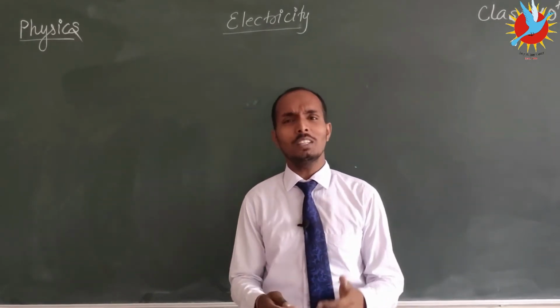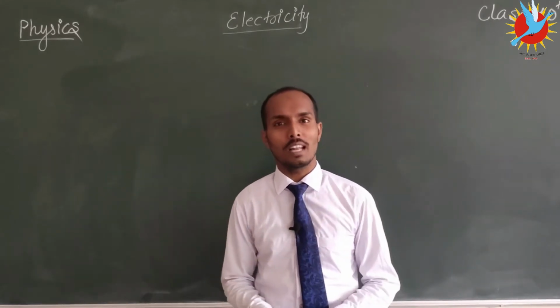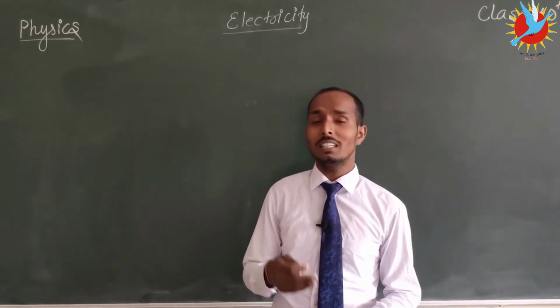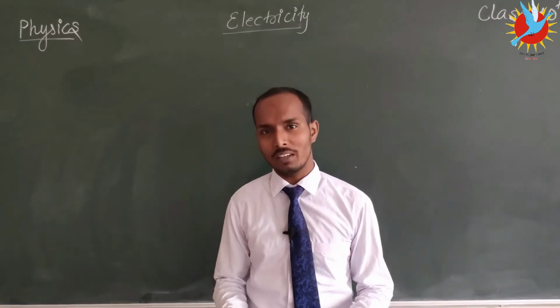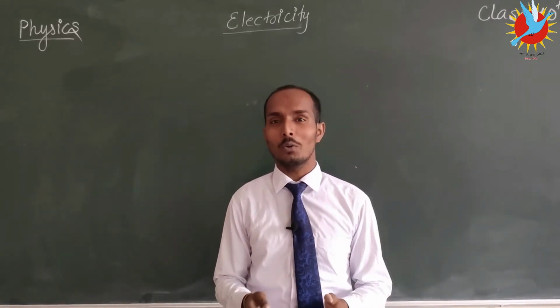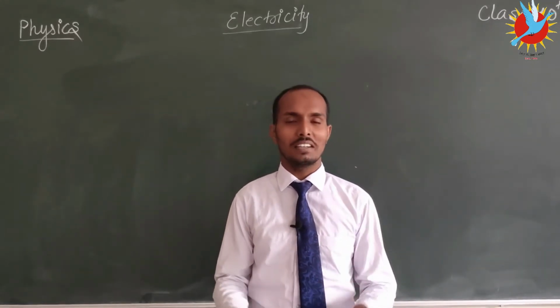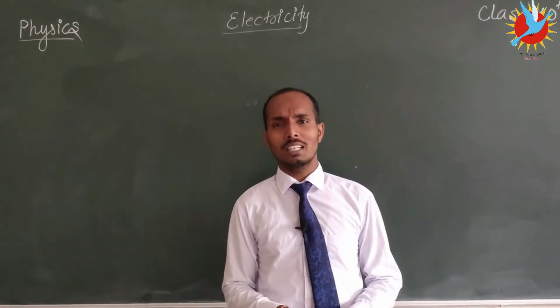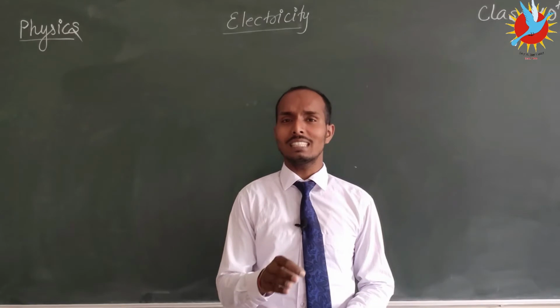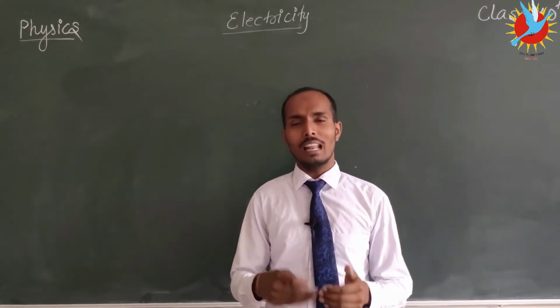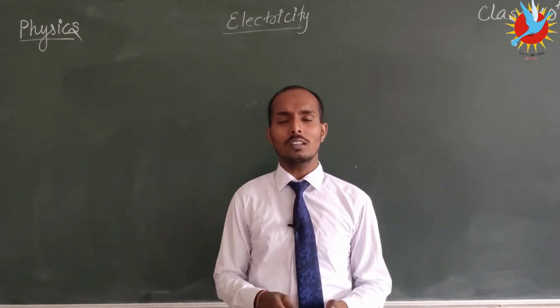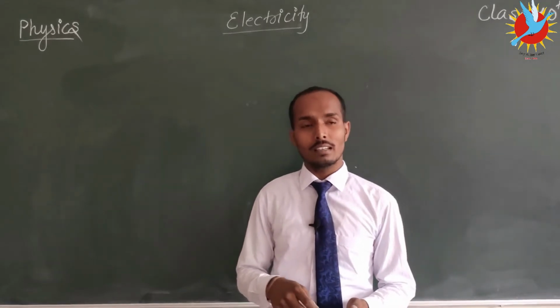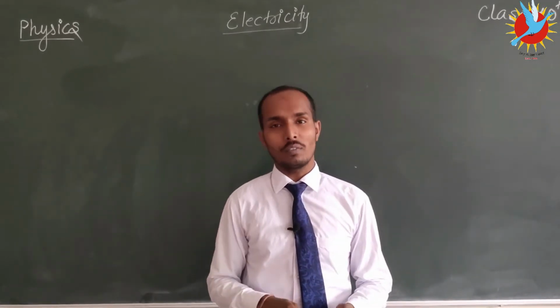We know that electricity is an essential part of our life nowadays. It is a controllable and convenient form of energy. That's why we use it in houses, schools, hospitals, industries. In modern industries, electricity is not only used for lighting, it is also used for running machinery of the factories.